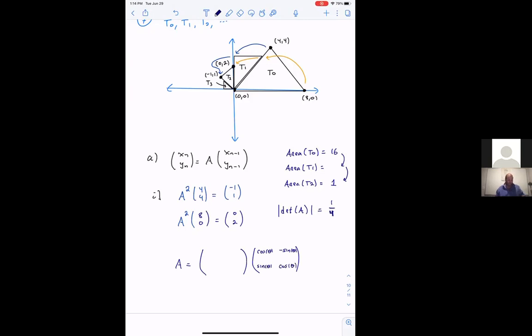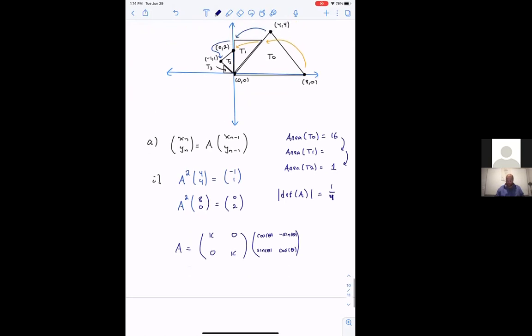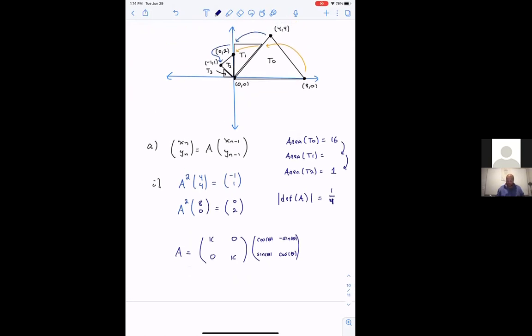That's the formula for an anti-clockwise rotation, followed by an enlargement factor of k: k, 0, 0, k. Okay, now, I know that the determinant of A is going to be 1/4. So that means that k has to be 1/2, so that its determinant is 1/4.